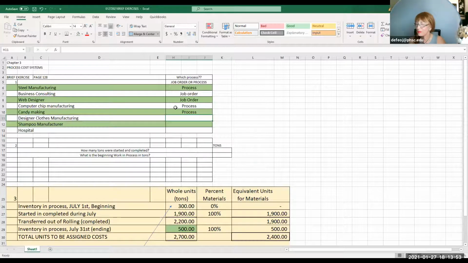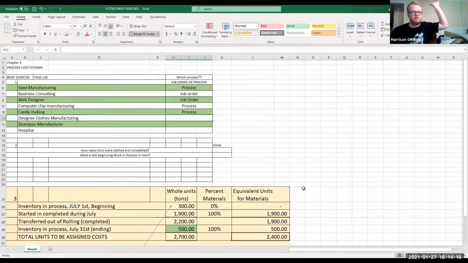Designer clothes manufacturing, that is a process, it tells you, for anything that requires to be custom made. No, custom made would be job order costing. So what do you think the answer is? I don't know. Okay, it's job order costing.